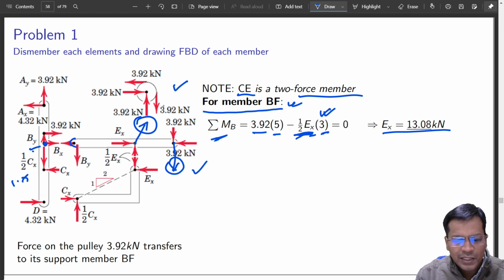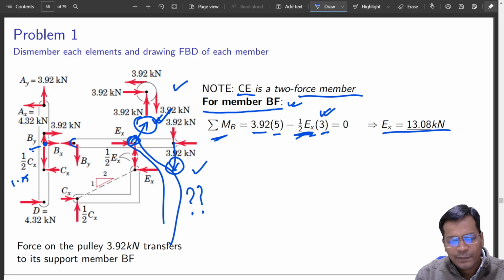Whatever the shape is, we don't care, as long as we need this much force at this point. Shape can be anything. Because of this external force, this should be the force that comes here, and that is the force which will always be present.